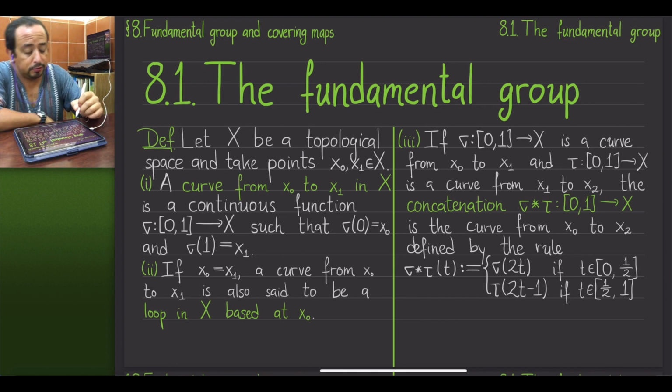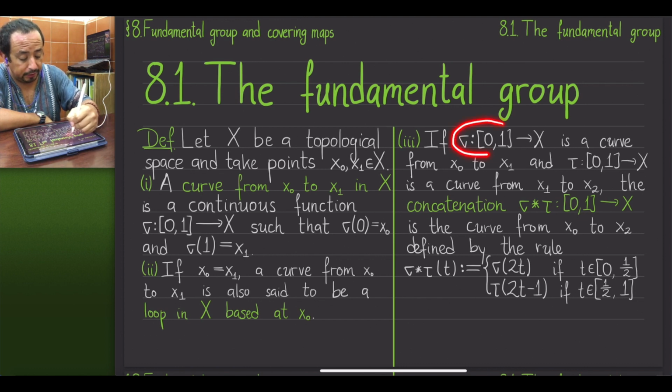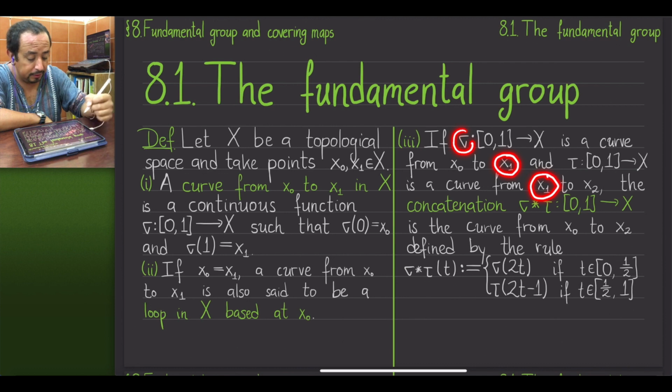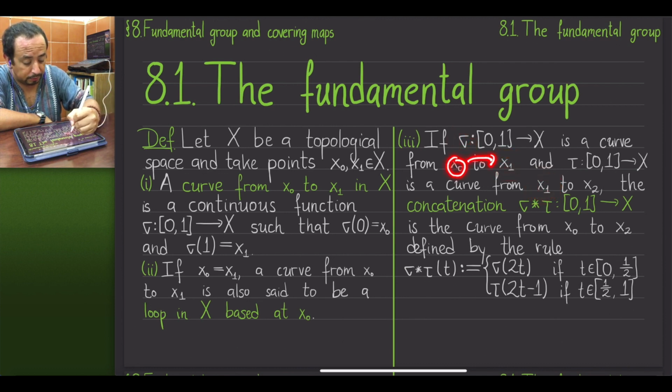Now suppose that we are given two curves, sigma and tau, and suppose that the point where sigma ends is precisely the point where tau begins. So suppose that sigma connects the point x0 to the point x1, and tau connects the point x1 to the point x2.